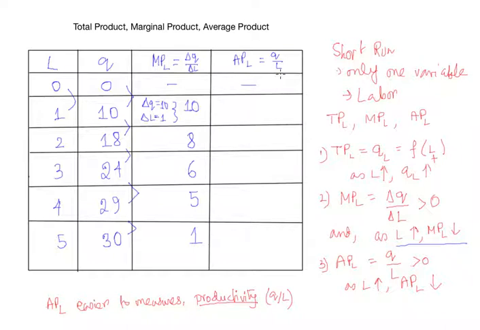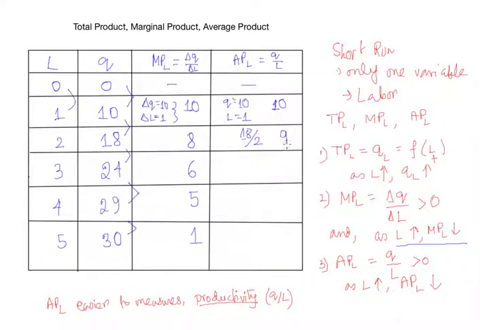Now let's look at APL. APL is total output divided by total units of labor. In the first case, total output is 10 and total units of labor is 1. Therefore, APL is 10 by 1 or 10. For the second unit, output is 18 and total number of labor is just 2.